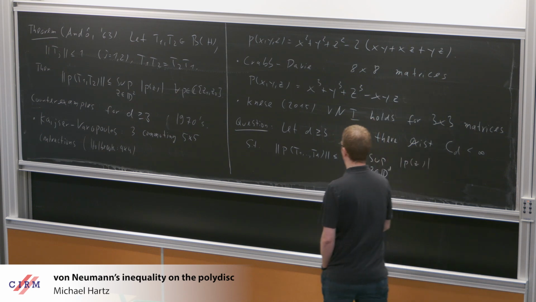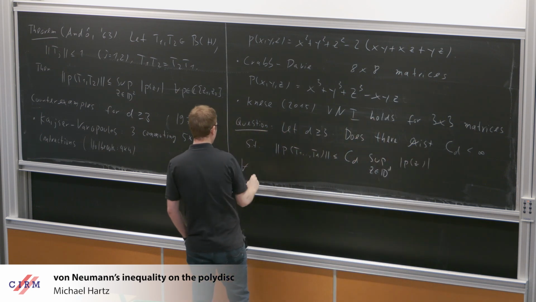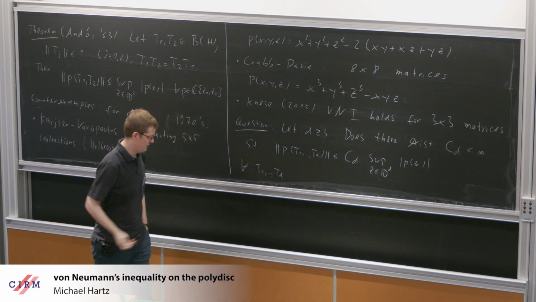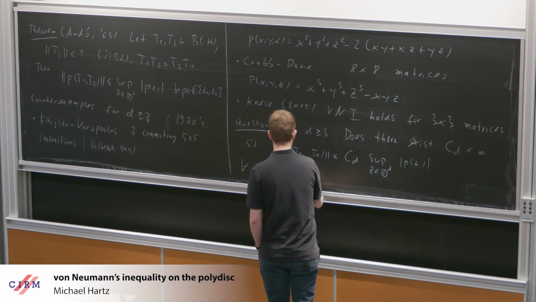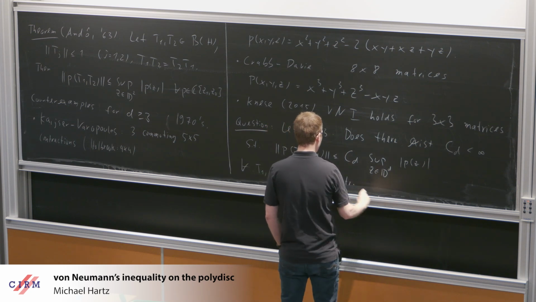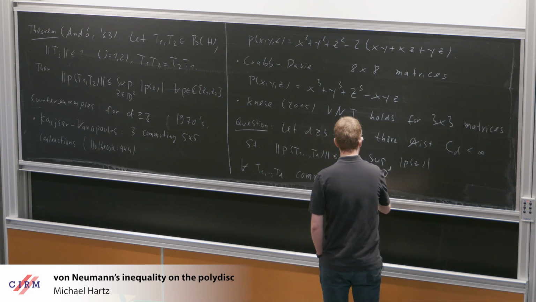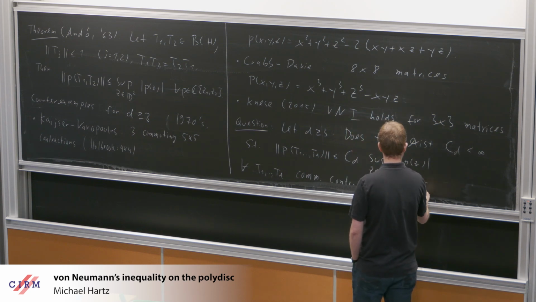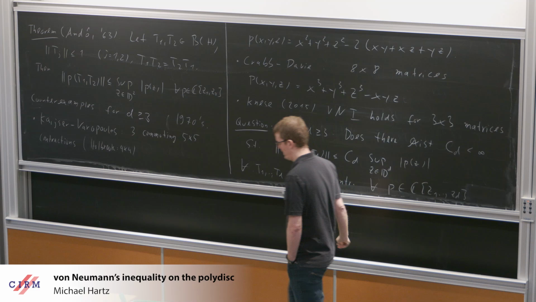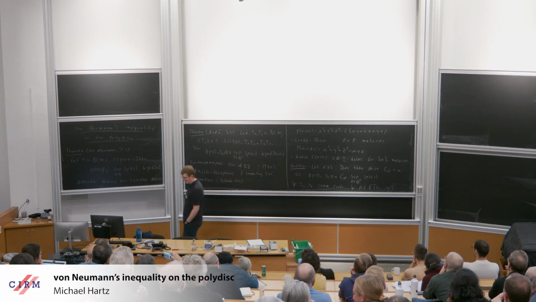And you want this for all D-tuples of commuting contractions. So pairwise commuting, right? T_i T_j is the same as T_j T_i. So commuting contractions. And for all polynomials in D variables. Right?